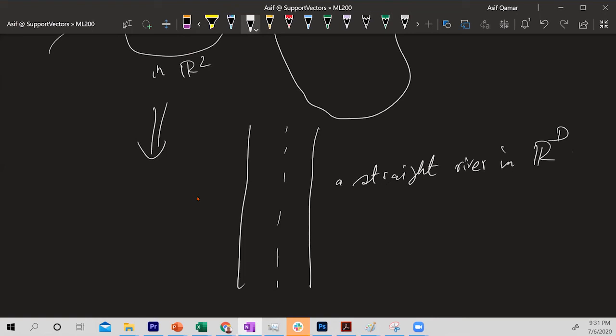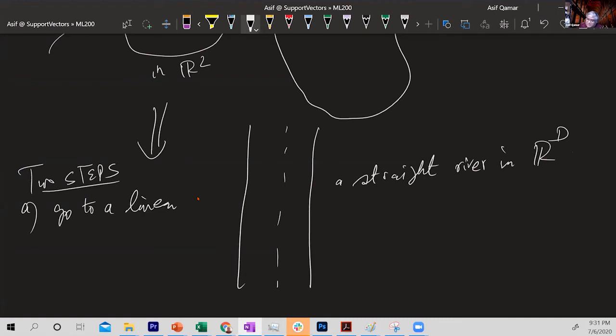You're getting the intuition. So if in some higher dimensional space the river is truly straight, then all I have to do is have a magic manner to go to that higher dimensional space and then solve the problem there, just the way we learned to solve the problem. This is a two-step process. A, go to a linear high dimension space.